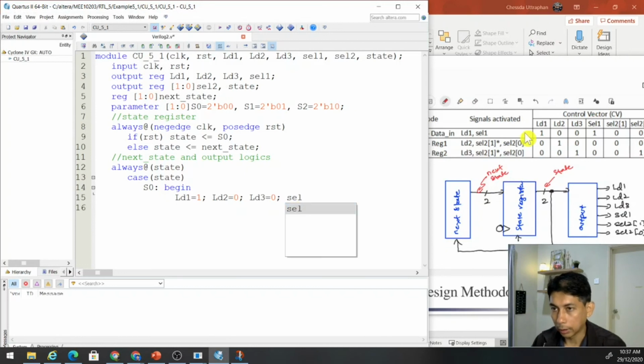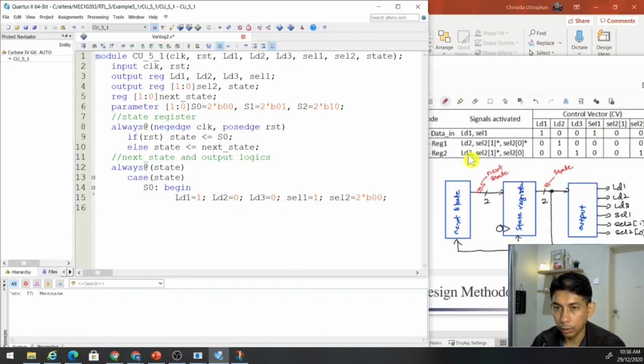SEL1, this should be a small letter, based on this cell should be equal to 1. SEL2 is 2-bit. So what is it? 0 0, right? So it should be 0 0.